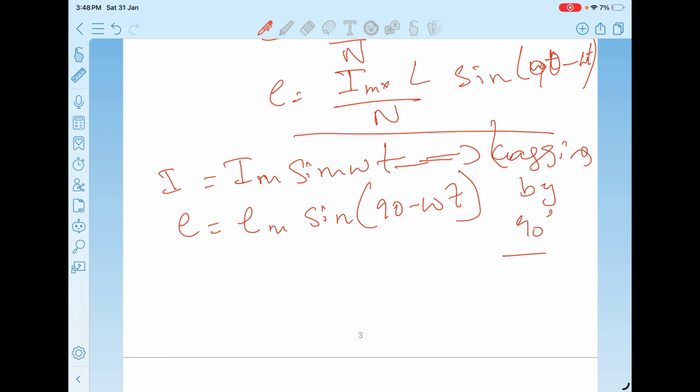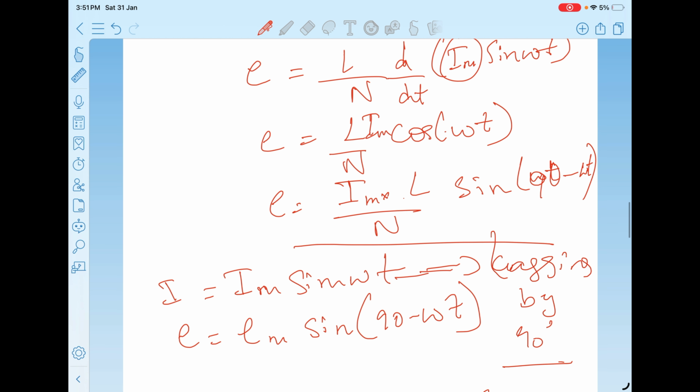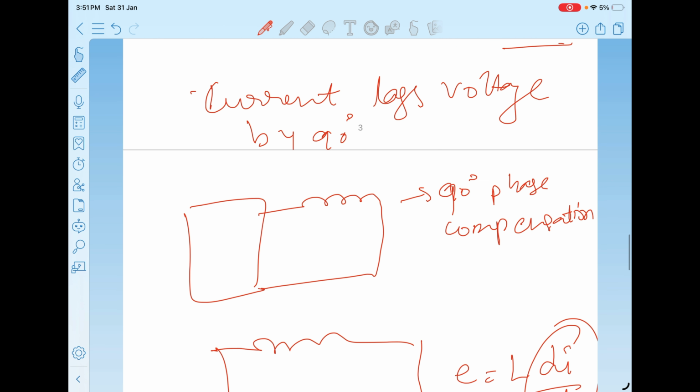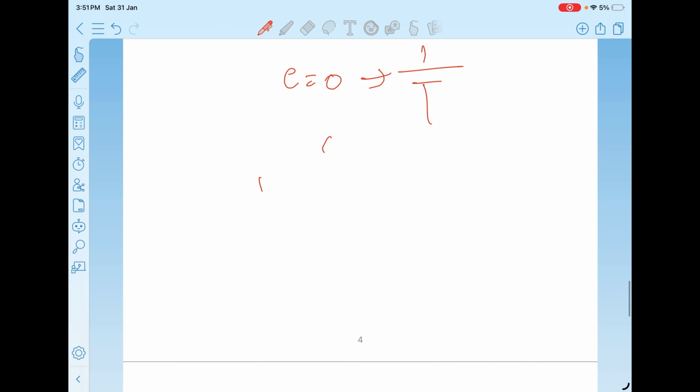And as you increase the frequency omega, as we got in the equation here, the opposition offered by the inductance will be more. That means for AC voltage, the opposition by the inductor will be more than for DC voltage.